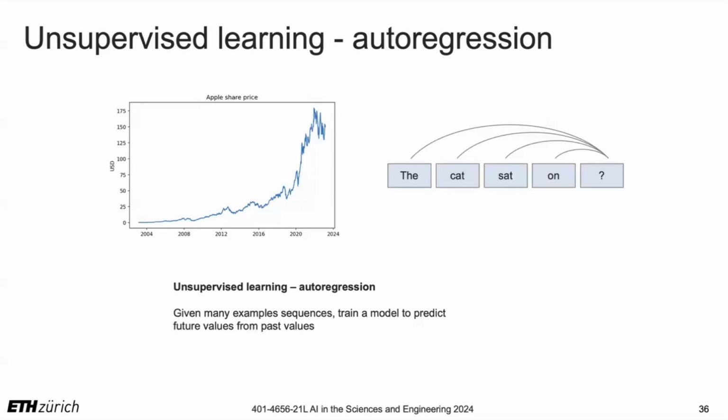If you're given the previous prices from the last 10 days, can you predict tomorrow's price? Or another example is large language models like ChatGPT, where they're given a sentence or part of a sentence, and then the goal is to complete the next word in the sentence. So the task is, given many example sequences, train a model to predict the future values from the past values.